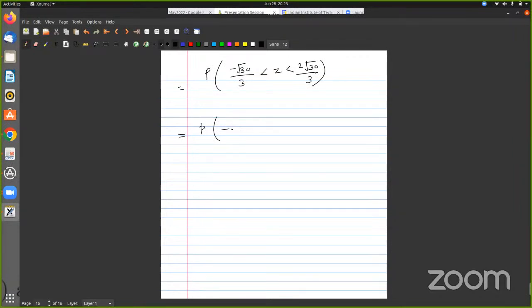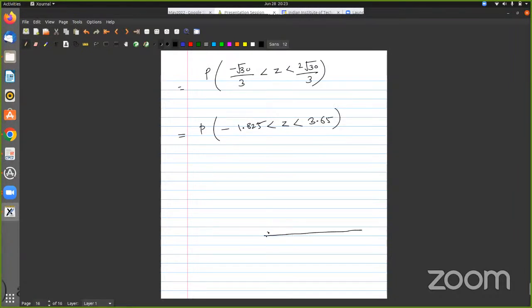Somebody please tell me what is the value of this? 1.825. Minus 1.825. And what is this value? 2 into root 30 by 3 is 3.6515. Okay, I'll say only 3.65.